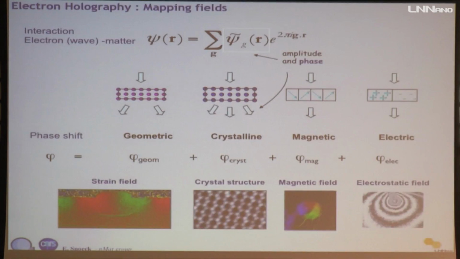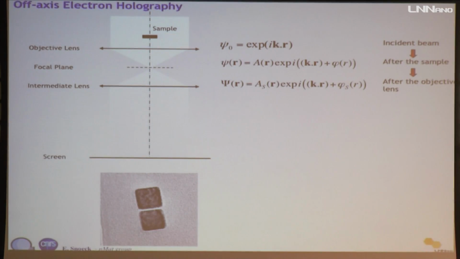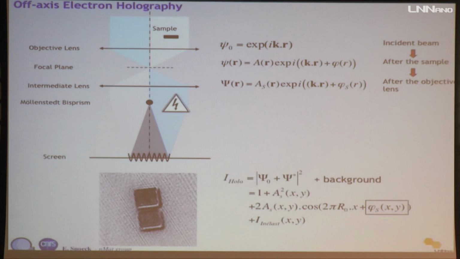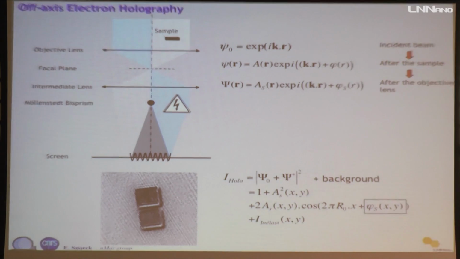I will just go back. You understand that when you do that, you apply the voltage here to bend these two parts of the beam passing on each side of the biprism. The higher the voltage you apply there, the higher the bending, and then the smaller the interference fringes. But you have also, I will show you, some contrast that shuts down.